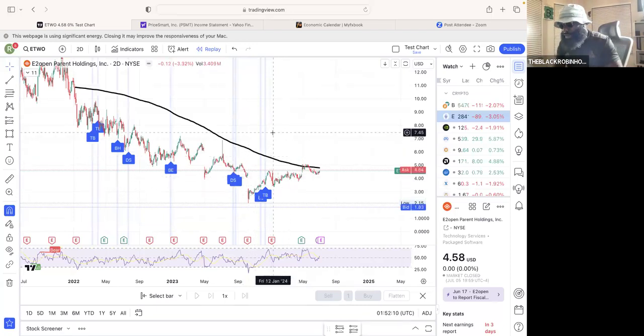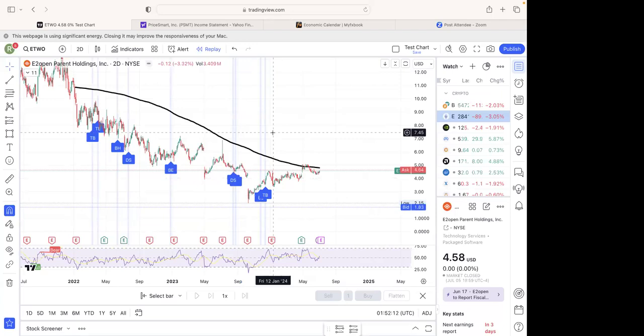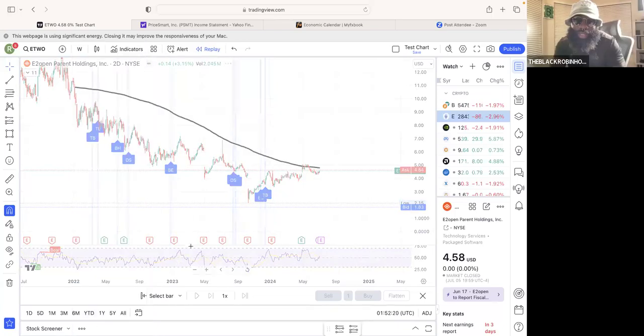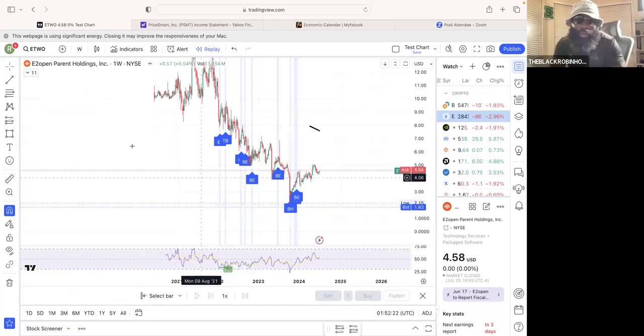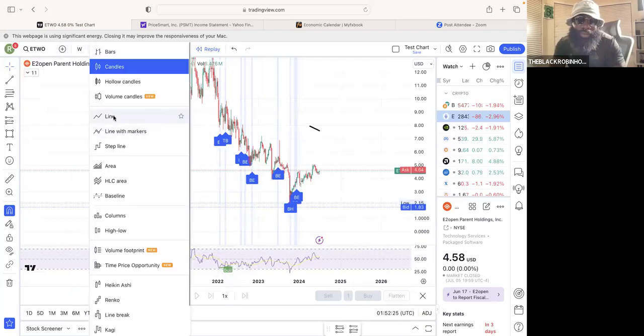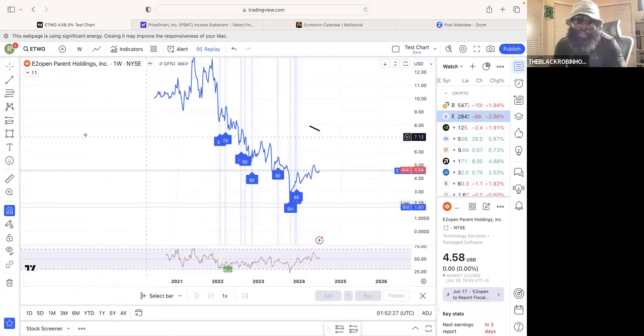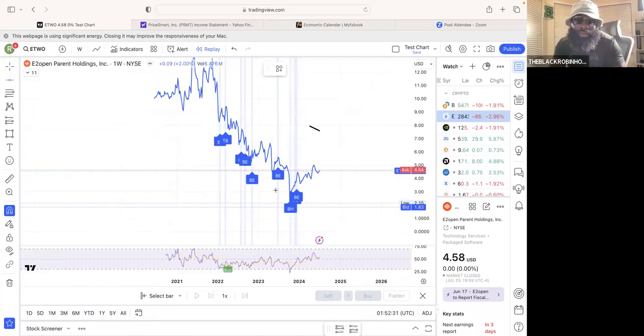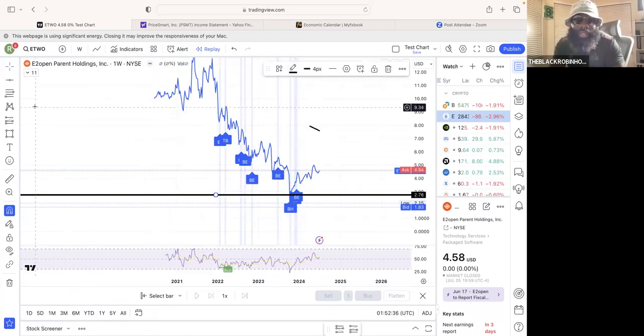Can we go through that little exercise that you did with this one, even though you don't like it, just so I could make sure I got it? Okay, so weekly. So weekly, if we do this, there's a support here.